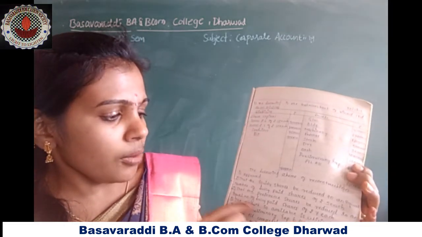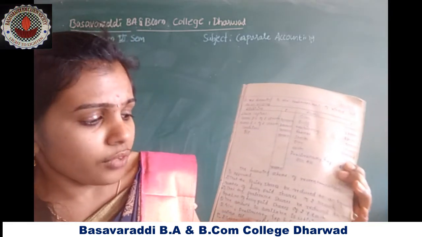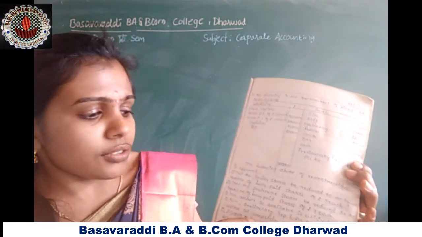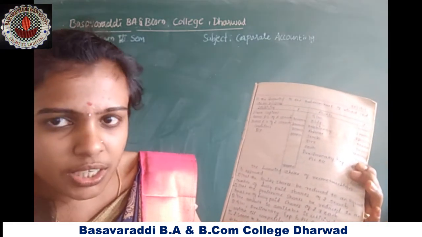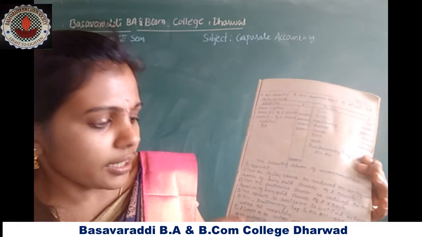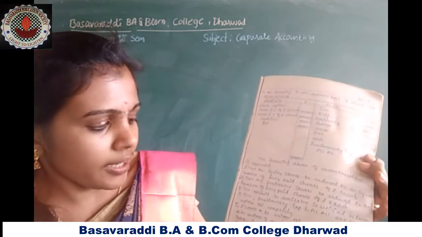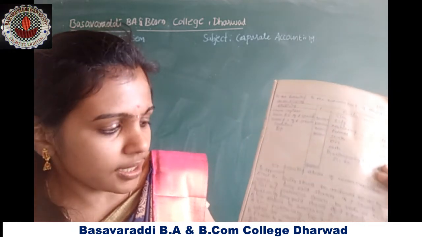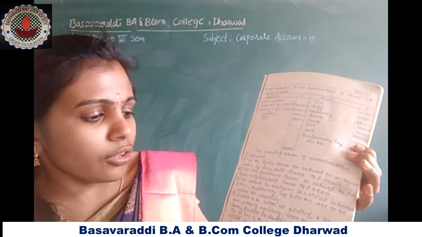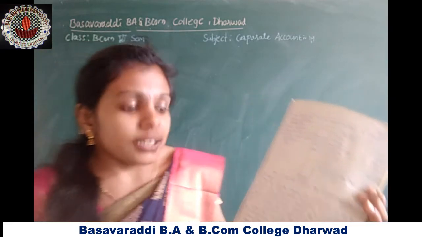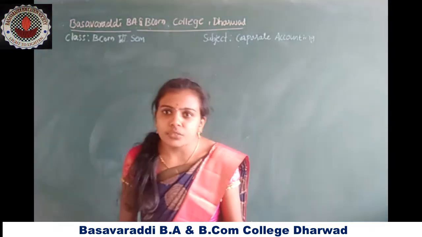The amount so available is utilized as follows: goodwill written off completely, 50,000 to be written off building, 30,000 written off machinery, 5,000 written off stock. Provision for doubtful debts is to be maintained at 5% on debtors, and the balance available is to be utilized for write off of the patents. Pass the necessary journal entries and prepare the balance sheet of the company.